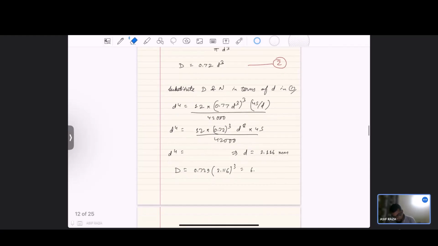So now it comes around to 8.38. This will come around 3.79 mm. 3.79 cube.